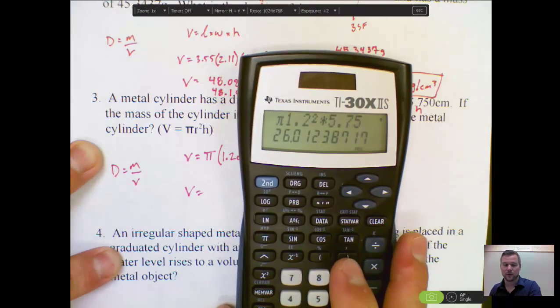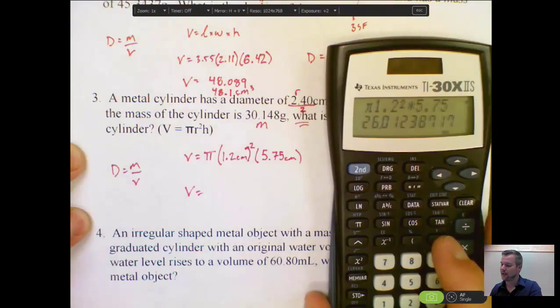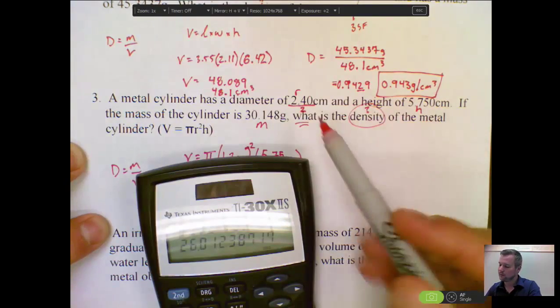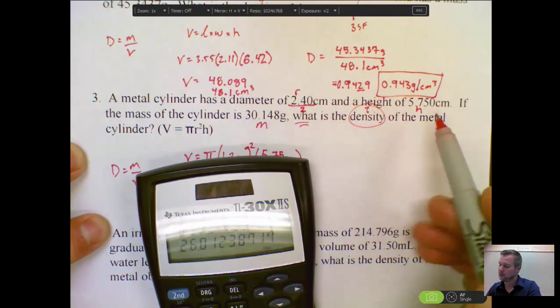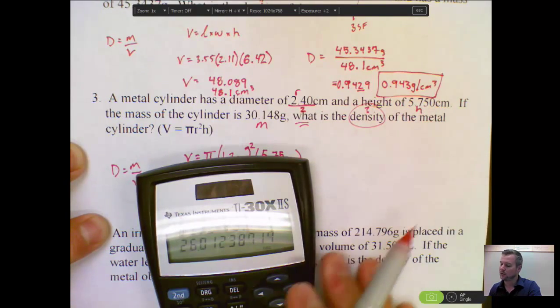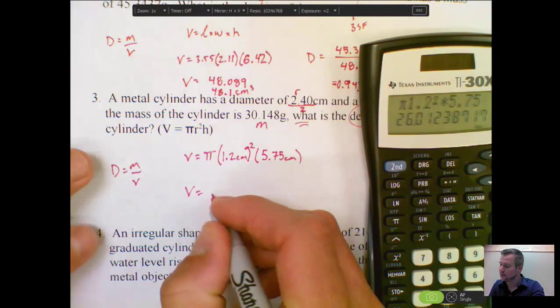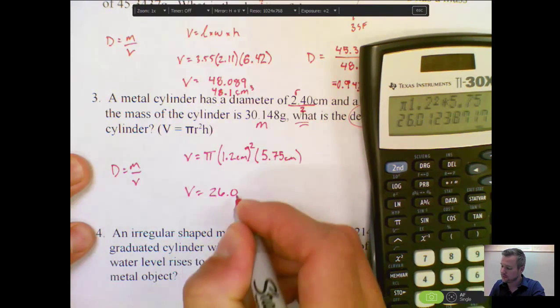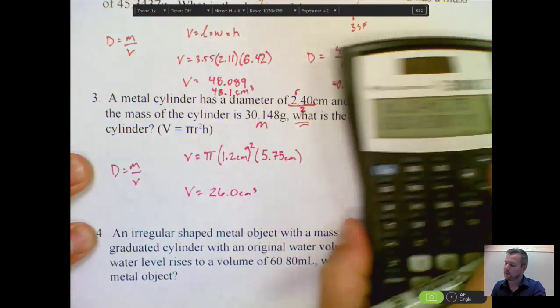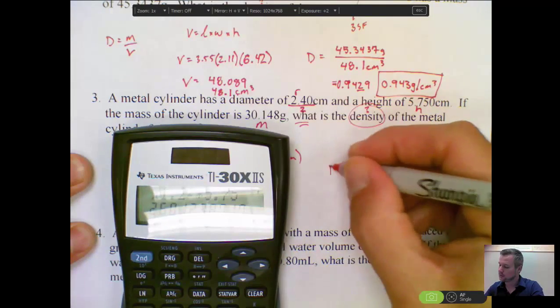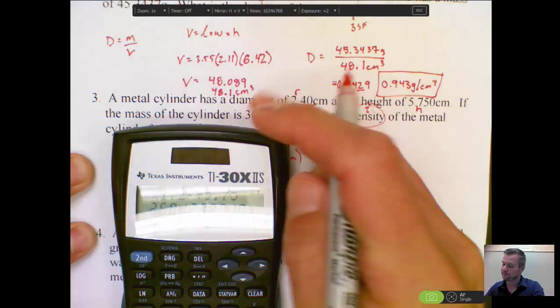And you get this number in your calculator, which we want to save. And again, our initial problem gives us 3 sig figs in the radius and then 4 sig figs in the height, so we only would have 3. If we had to answer right now, we would get 26.0 centimeters cubed.